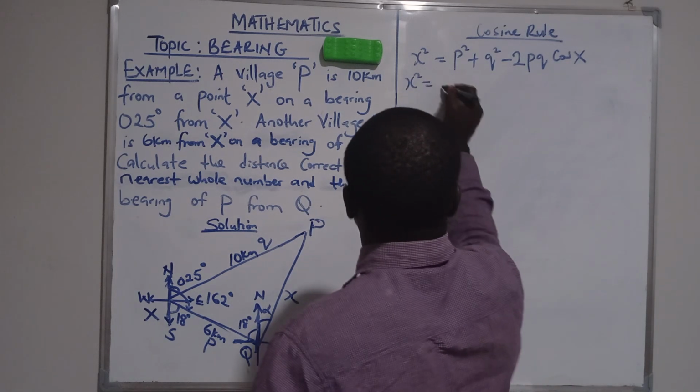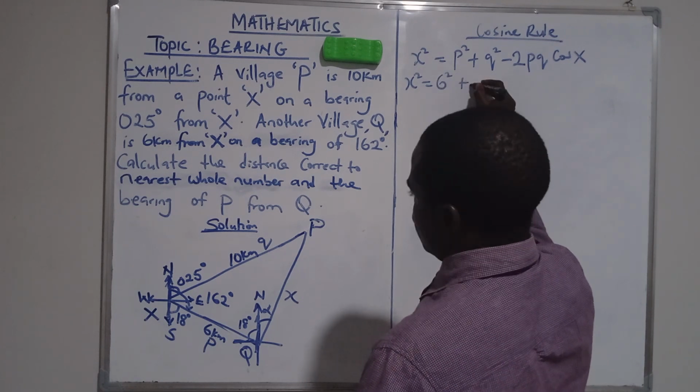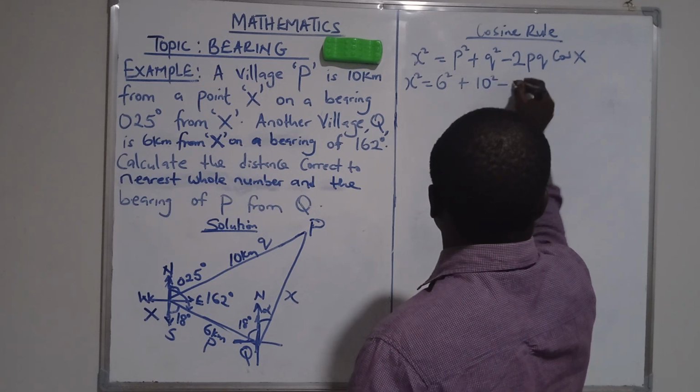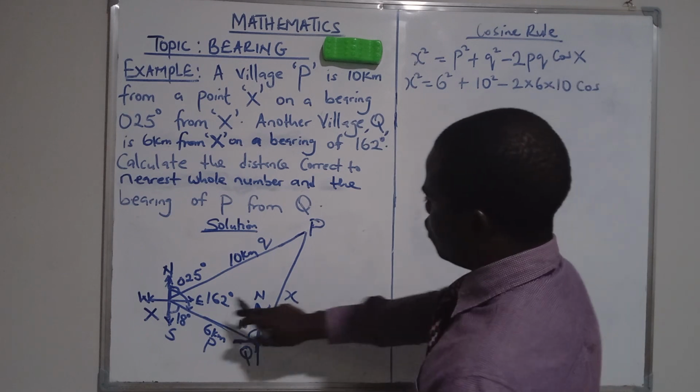Now x squared equals, what's our p? p is 6 squared, q is 10 squared, minus 2 times 6 times 10 cos, what's the angle?